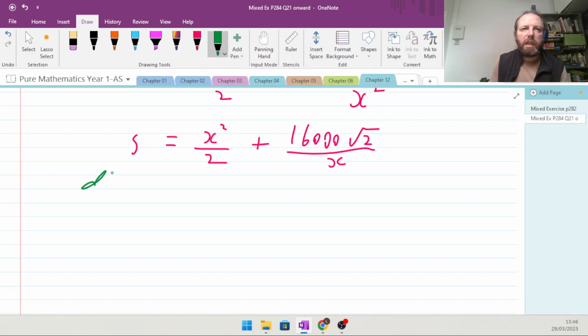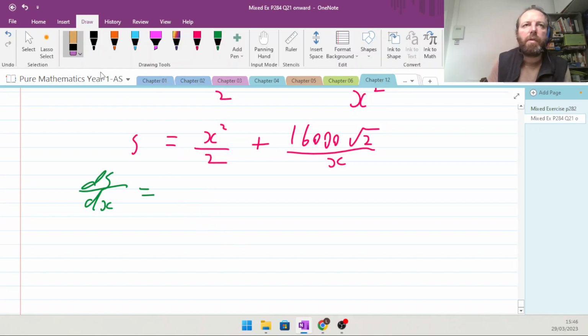So ds by dx is going to be x over 2 divided by the new power of 1, multiplied by 2, so that cancels there.